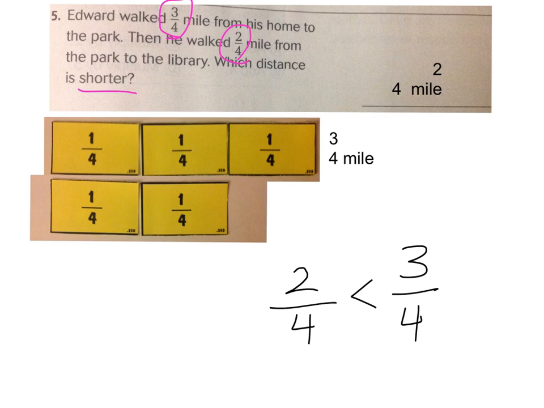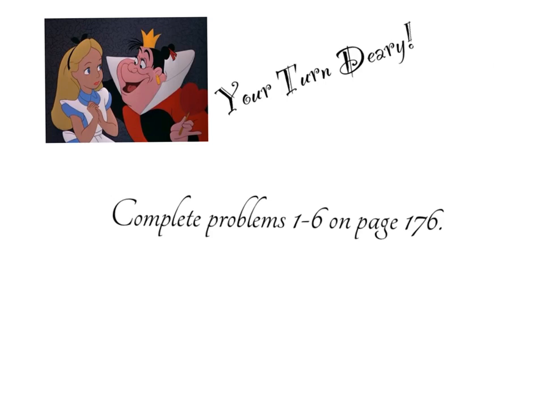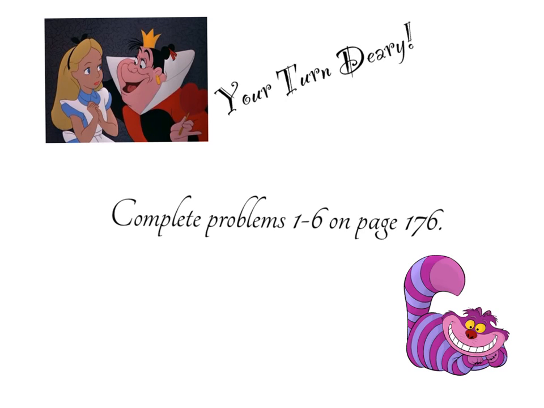Once again, because the denominators in these two fractions are the same, I can look at the numerators to compare. I know that 2 is smaller than 3, so 2/4 is less than 3/4. Your turn to complete problems 1 through 6 on page 176. Good luck!